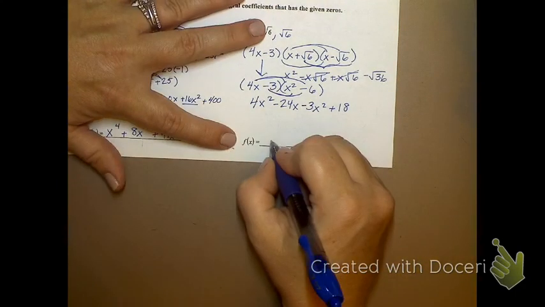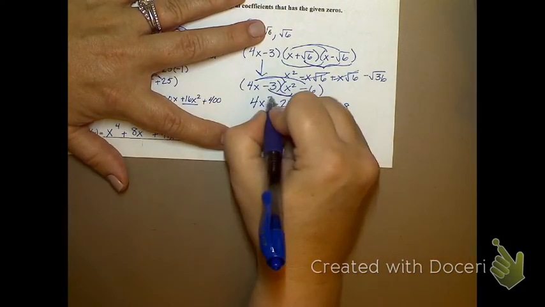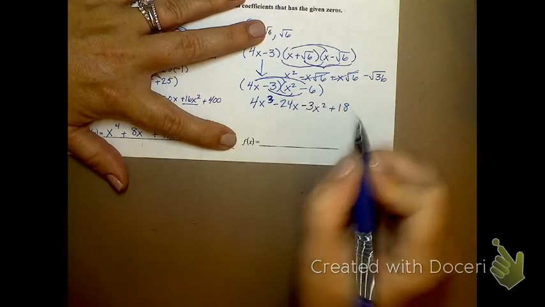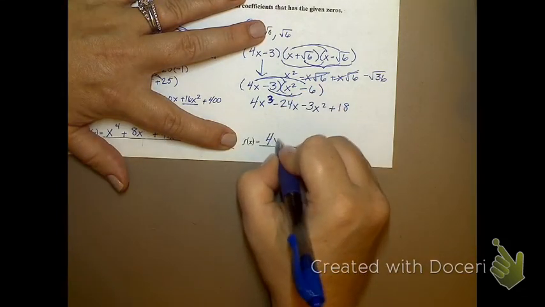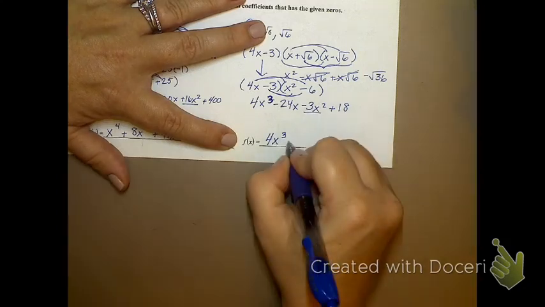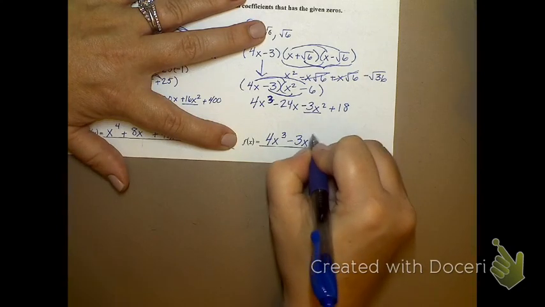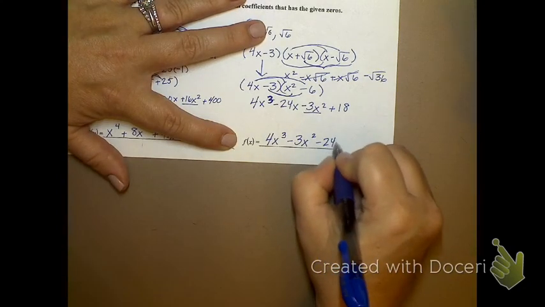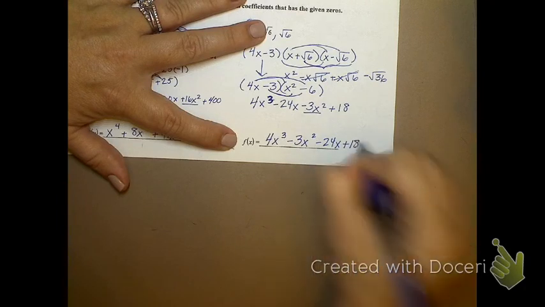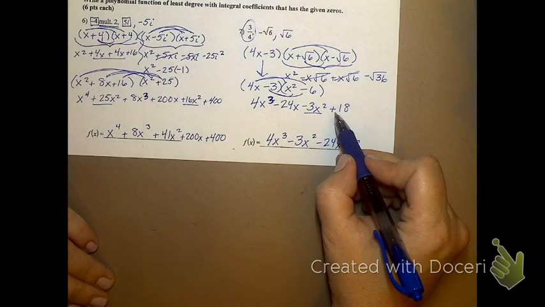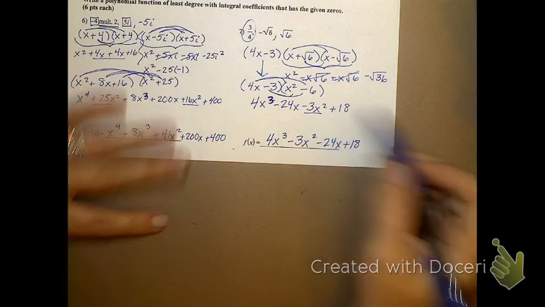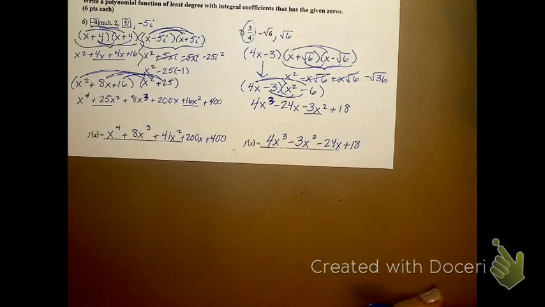So in standard form, again, I'm not multiplying my cubes very well. 4x to the third, now I have to write my x squared, minus 3x squared, minus 24x, plus 18. A lot of people put minus 18 there and lost half a point. Don't be that person. Okay? All right, any other questions? All right, happy studying.